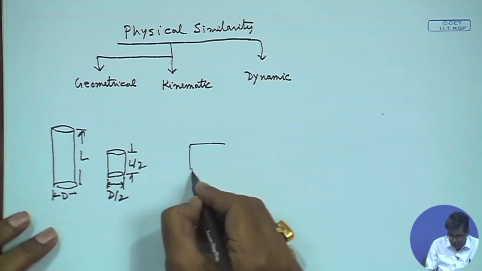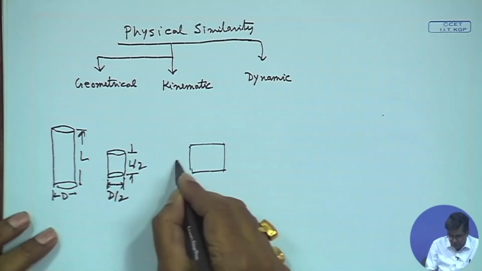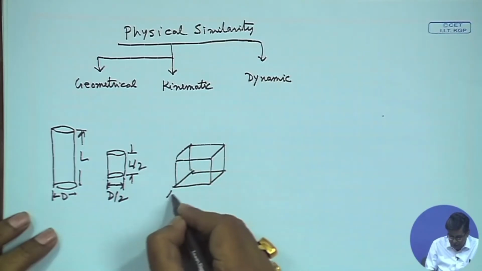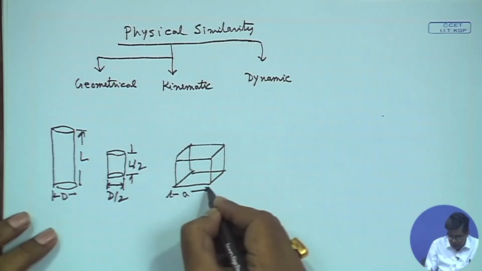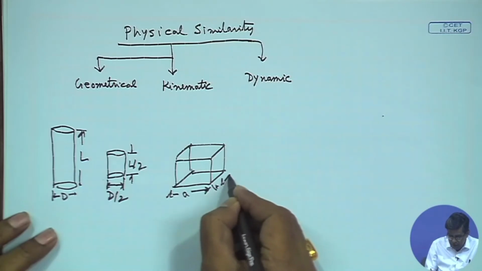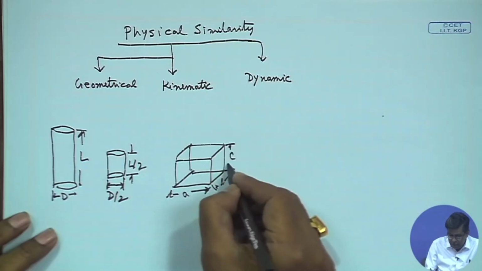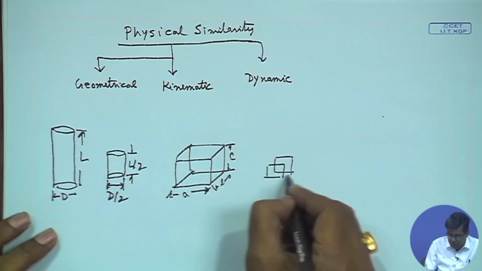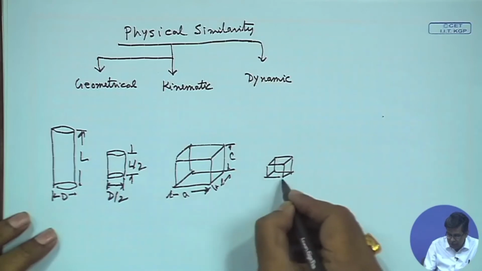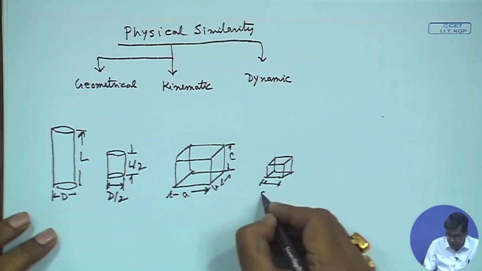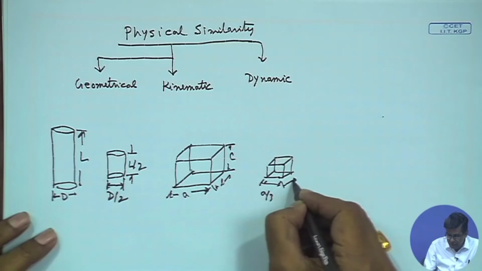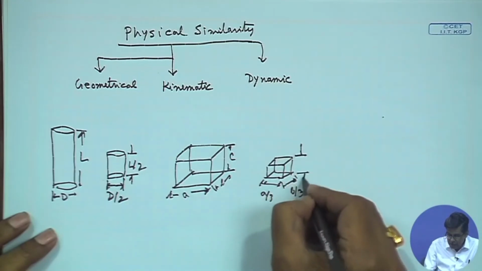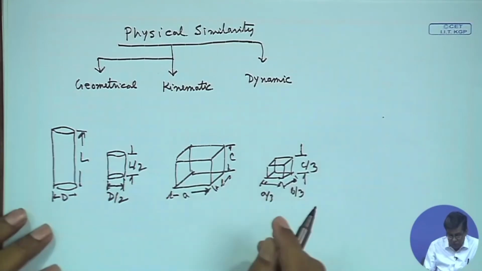Similarly, if we have a parallelepiped with sides A, B and C, and a small parallelepiped where A, B, C are reduced by the same proportion, that is A by 3, B by 3 and C by 3, then they are geometrically similar.